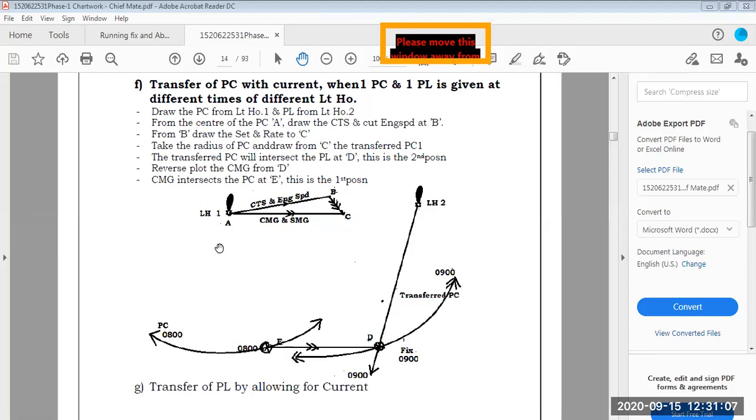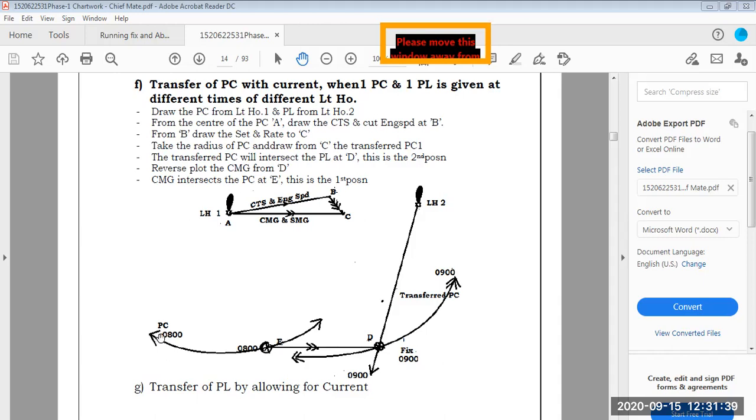Now we go to case 8, where we have one position circle and one position line, and we are given current also. Initially we have the first position circle and we have the second position line, and we have the course to steer and current. So even when you have one position circle and one position line, always you have to transfer the initial circle.